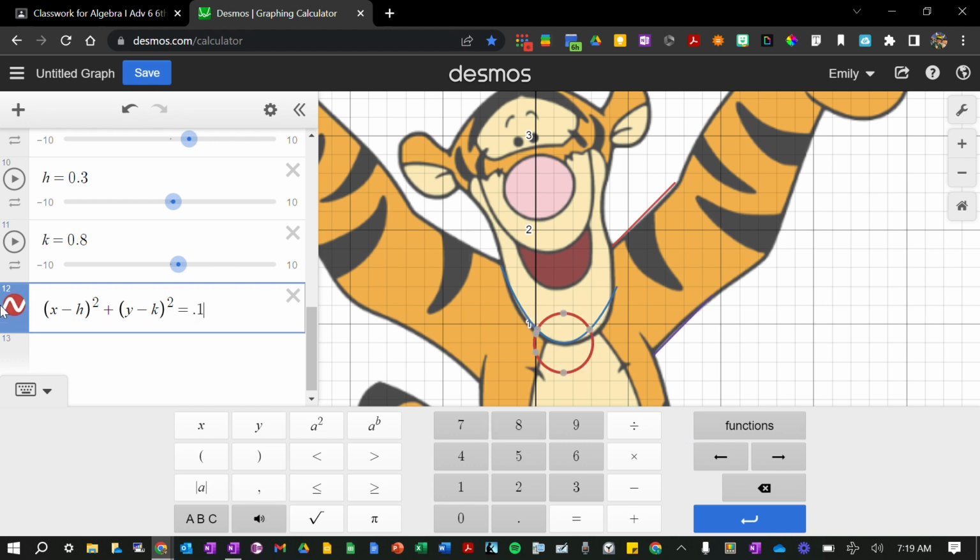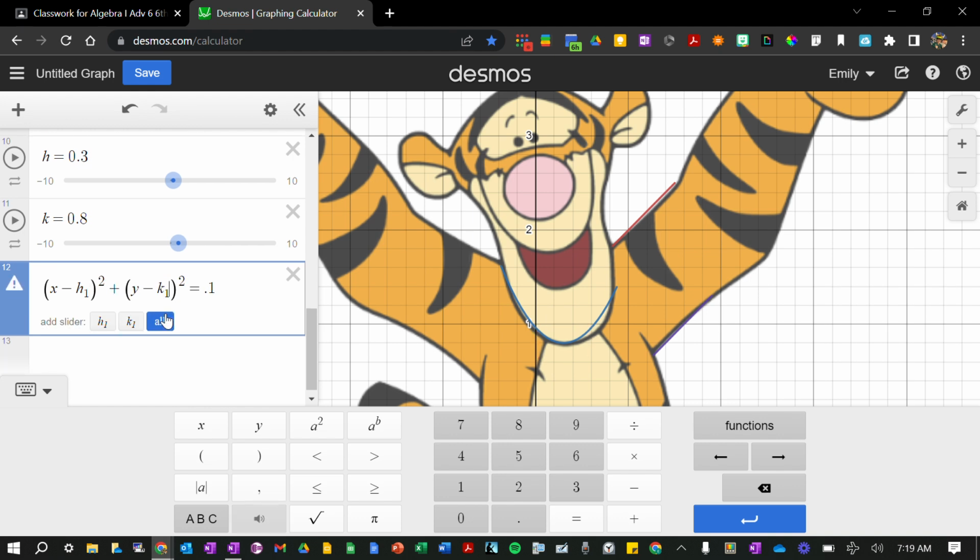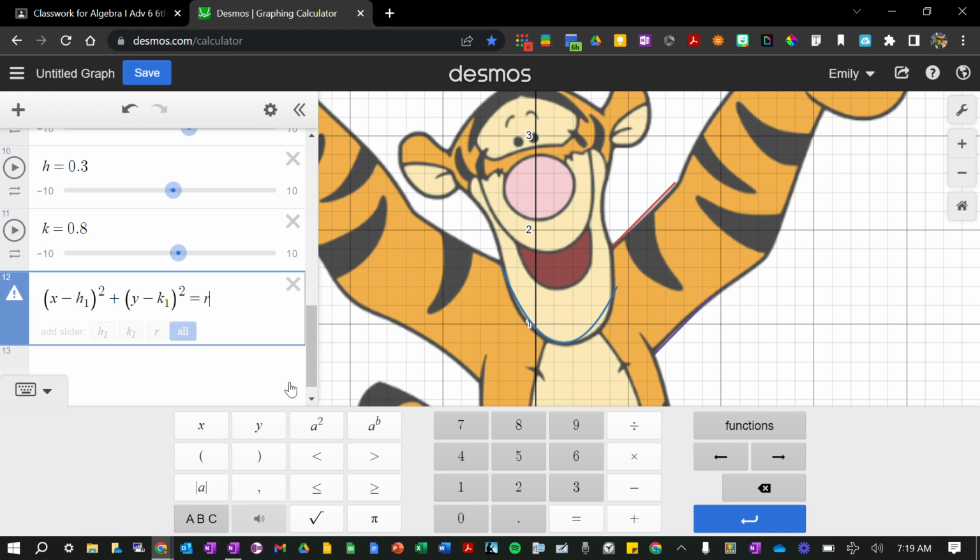Let's try that. So you'll notice that it did not give me an option for a slider for h and k. That's because I already used h and k right here. So I'm going to call that h1 and k1. And now I have sliders. And actually, I'll even call that, it's really equal to r squared, where r is the radius.